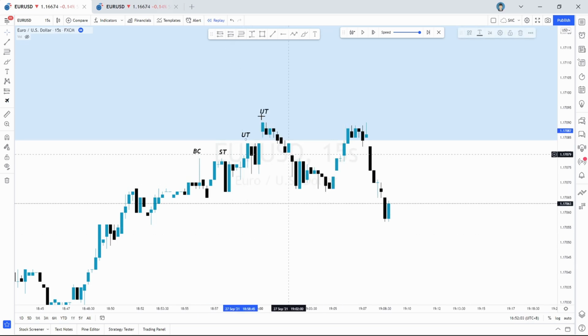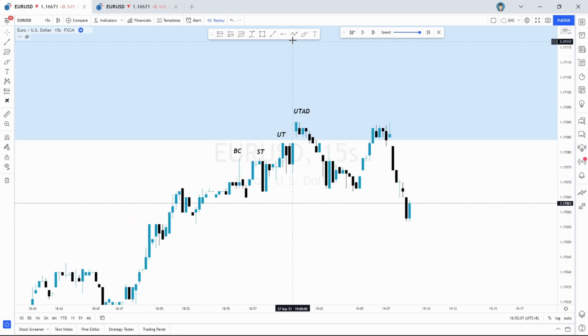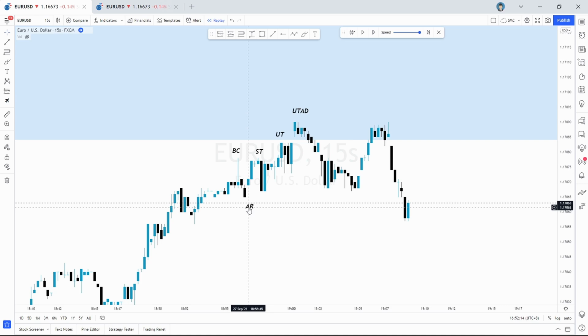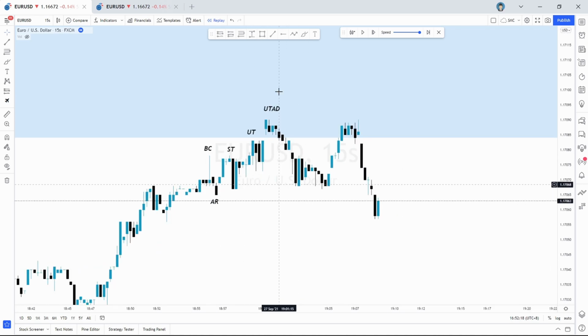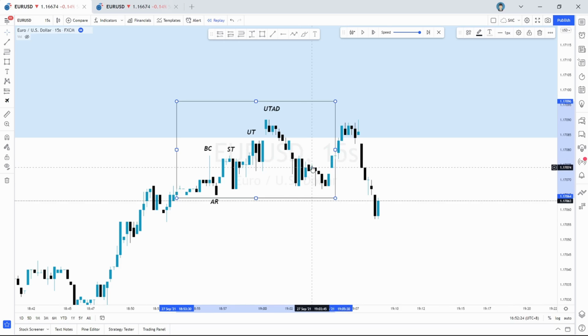Oh no, my bad, UT. Then this could be the UTAD since it went higher above from the UT. And again, I'm not a full Wyckoffian, so I'm just simplifying Wyckoff a lot here. AR, or the sign of weakness. Don't know how to use it, or I don't know. It's up to you, honestly. So we have this Wyckoff schematic here.